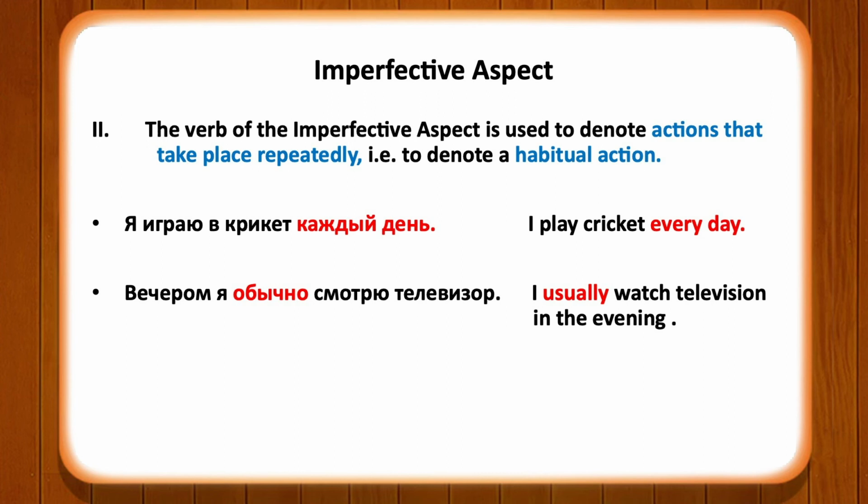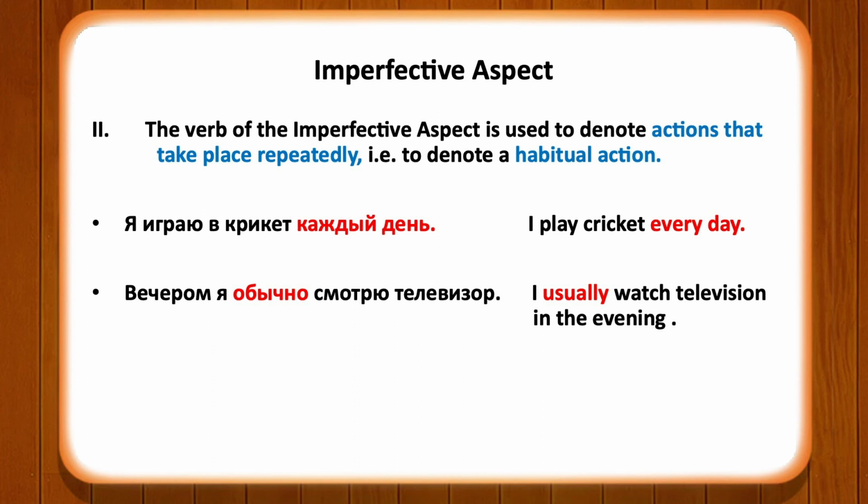The verb смотреть is an imperfective verb, which again indicates that the verb action is taking place more than once. So вечером я обычно смотрю телевизор. I often watch TV in the evening. So often here indicates the action which is taking place repeatedly.